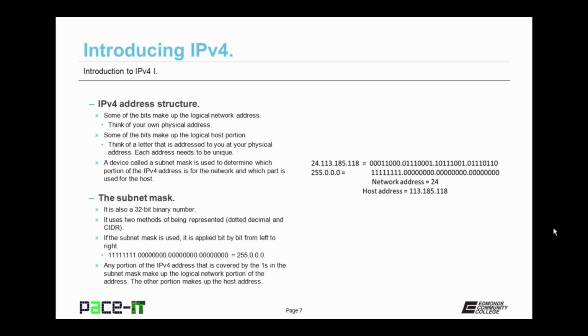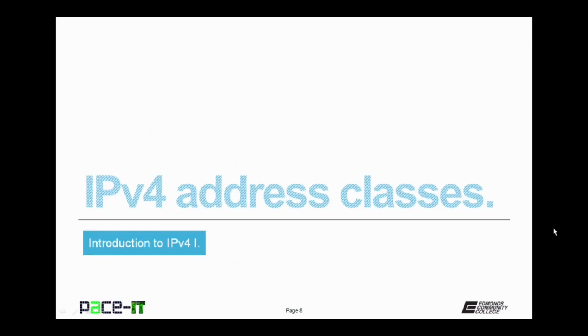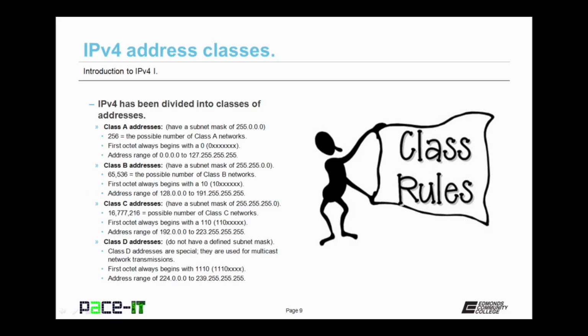The other portion makes up the host address. So with that IPv4 address that we have there to the right, the network address would be network 24, and the host address would be 113.185.118.